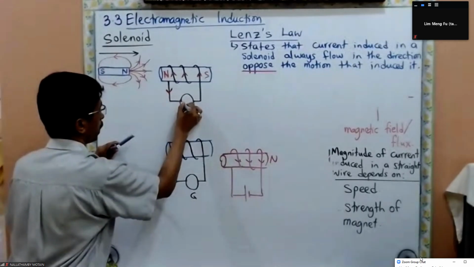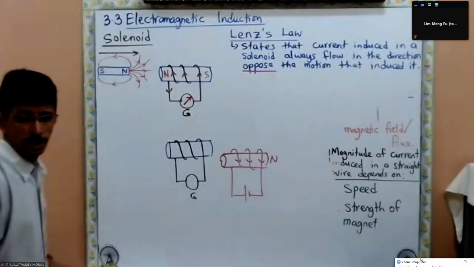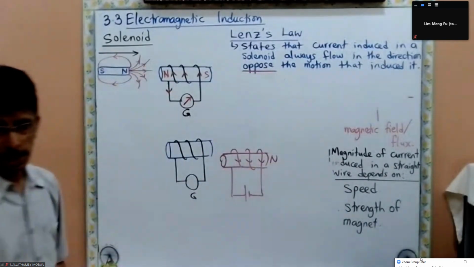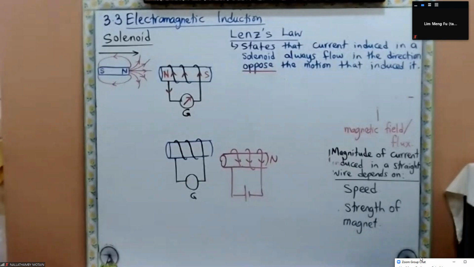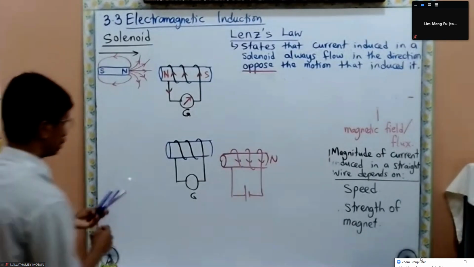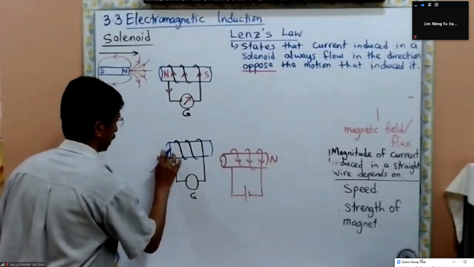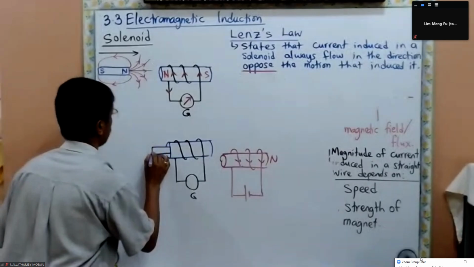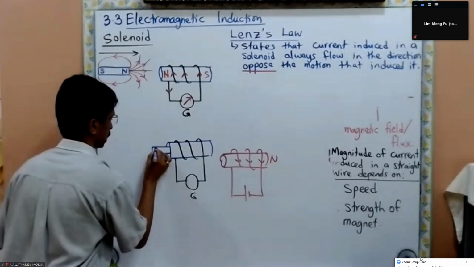So what happens? The pointer of the galvanometer will deflect to the right. Now let's say the magnet is inside. South.